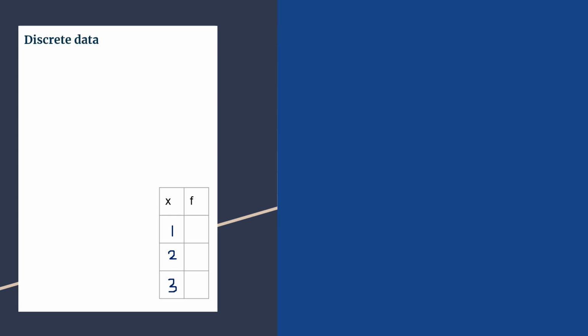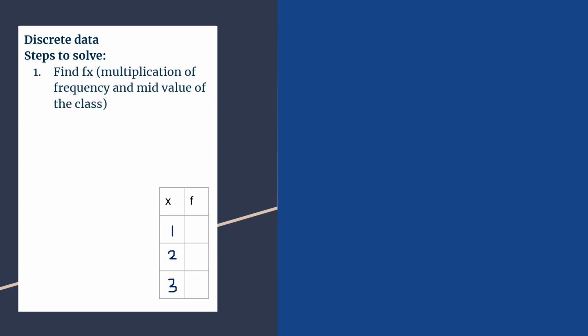Let us see the steps to solve it. Given x and f, you are supposed to form one more column and find the value of f into x. Then find summation of fx and summation of f.